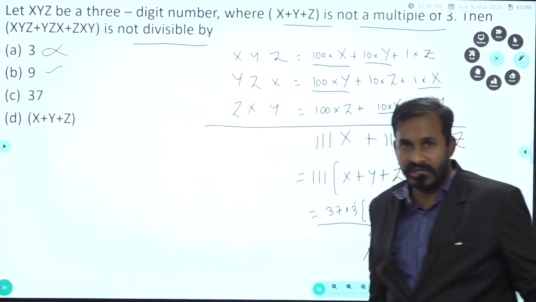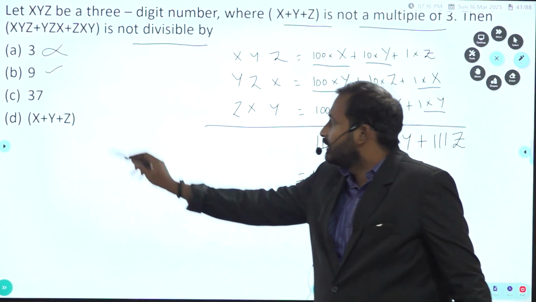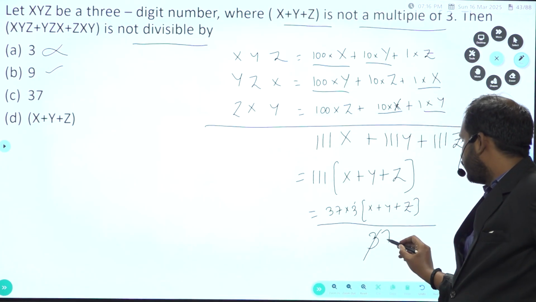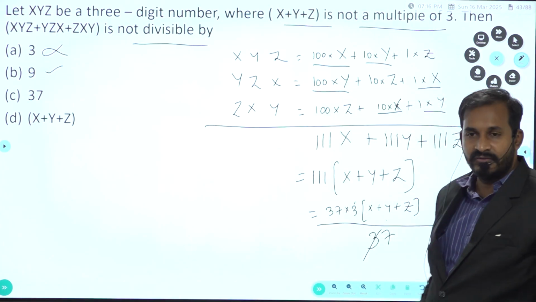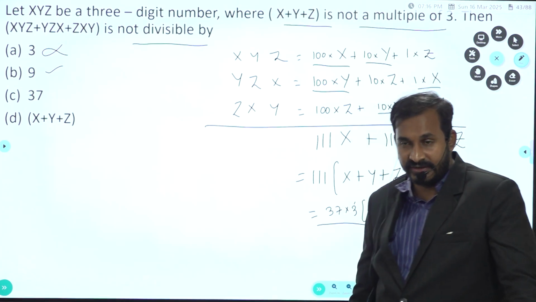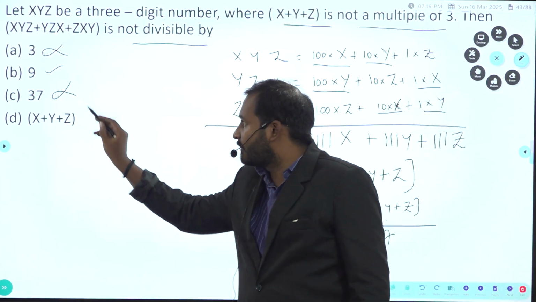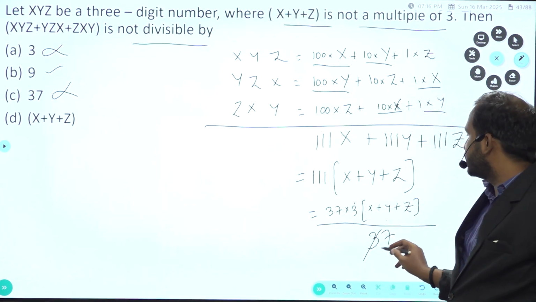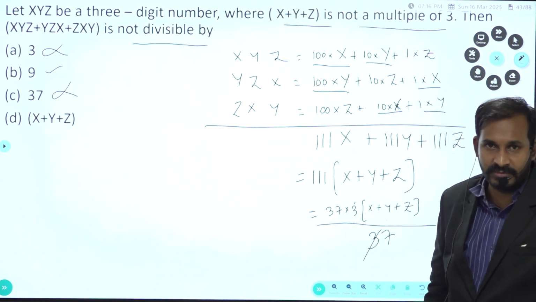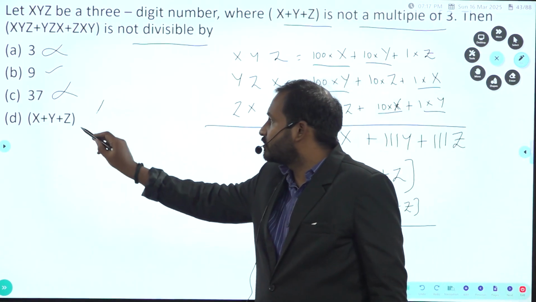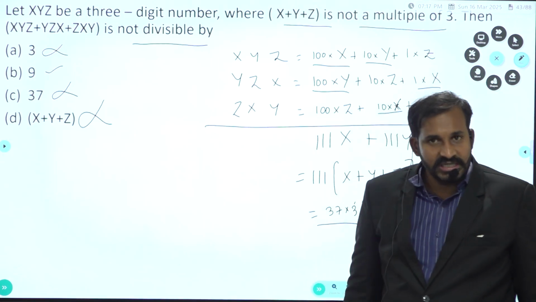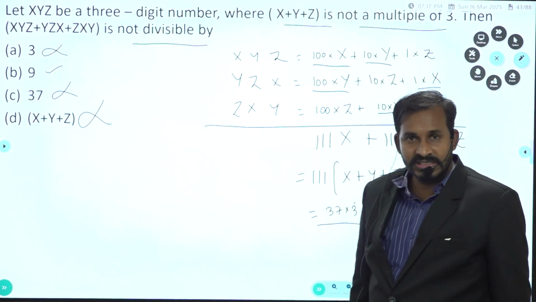If I take 37, 37 will get cancelled and it is exactly divisible, so 37 is also not my answer. If I take x plus y plus z, it will get cancelled, so that one is also not my answer. Obviously 9 will be my answer.